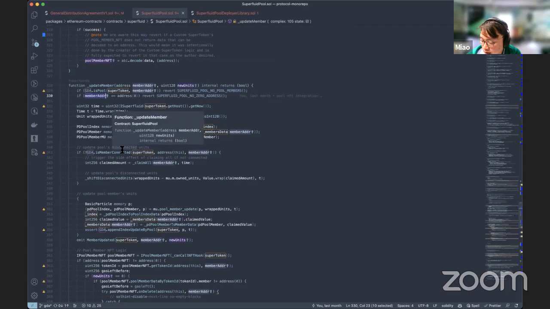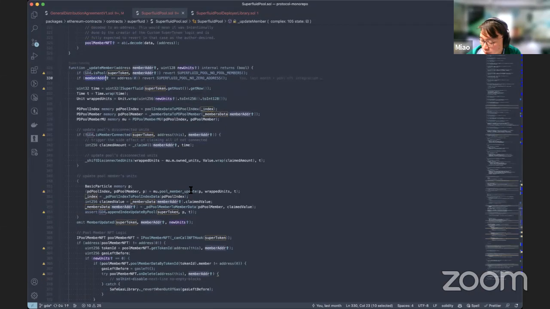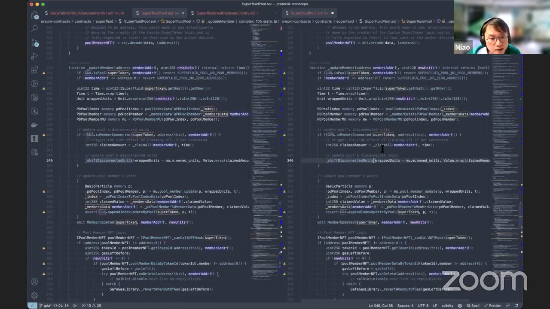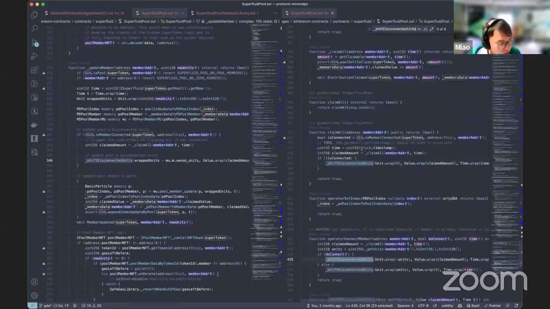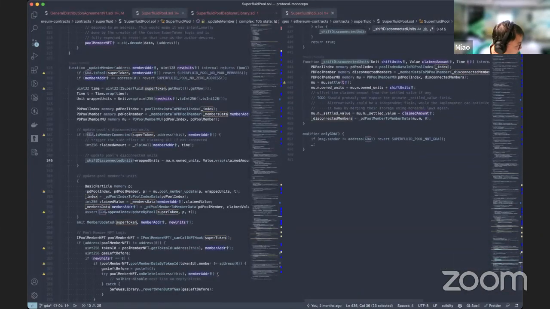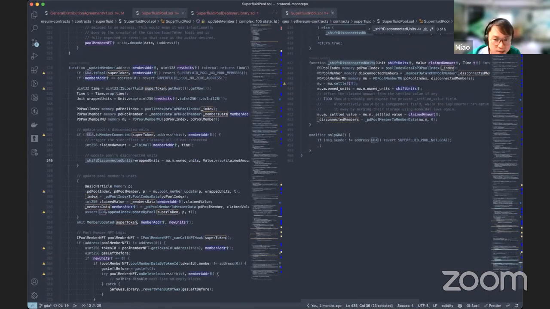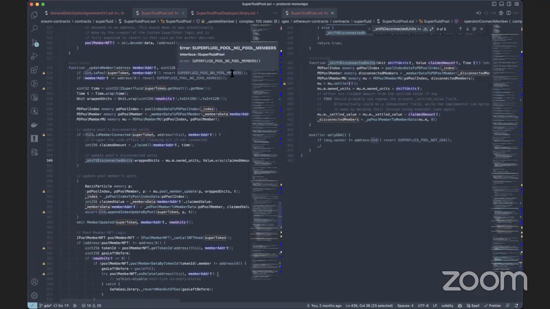When we were doing the predecessor of GDA design, which was called, who's to remember, CFA? Oh no, FDA.